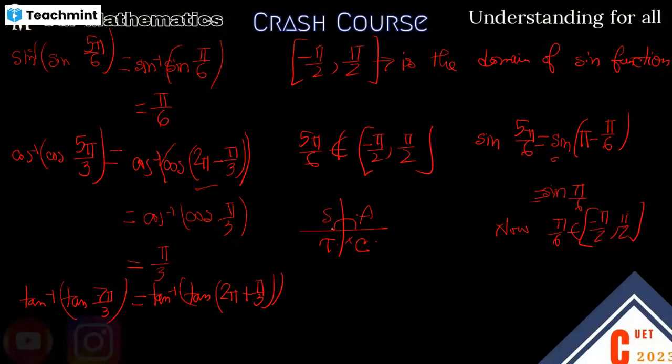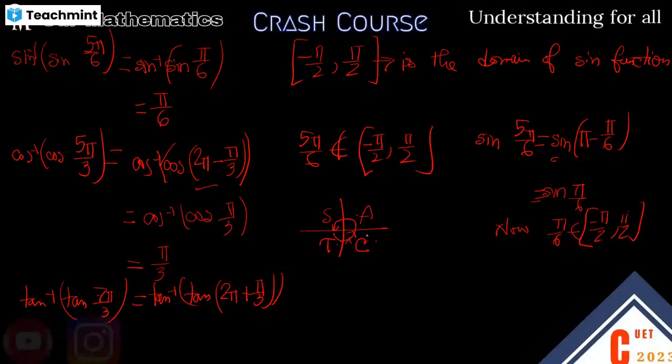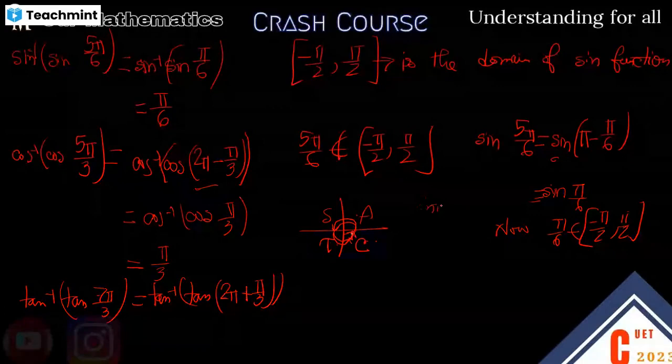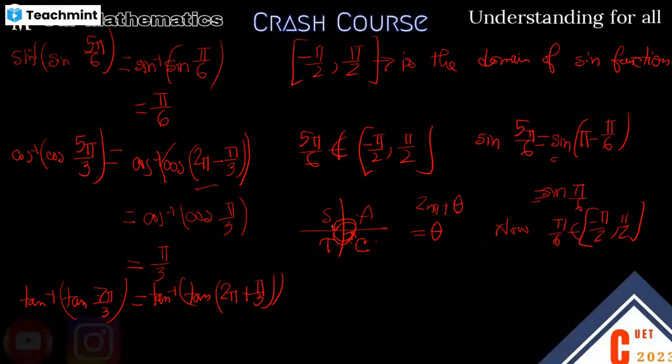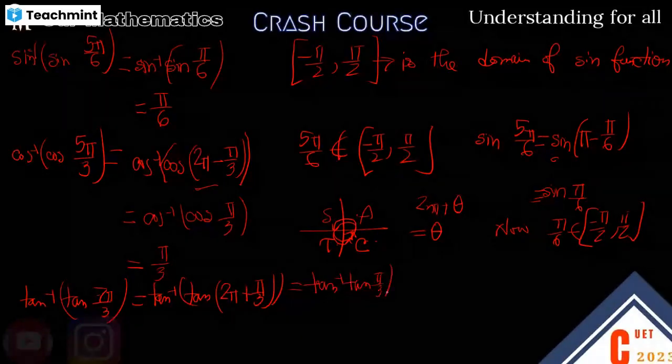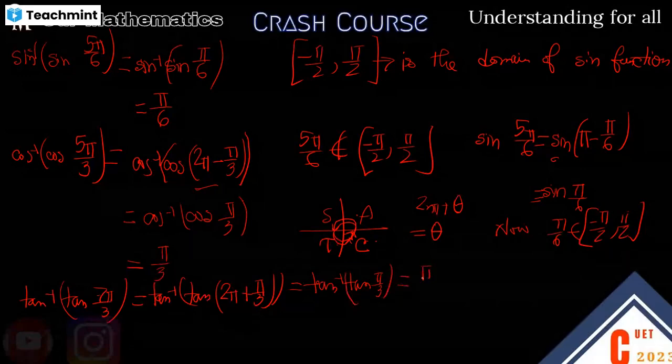In one complete rotation we have 2 pi angle. Then after 2 pi angle, the thing repeats again. That means 2n pi plus theta is always equal to theta, right? For sin, tan, cos, because it is always a complete circle. Then that means tan inverse tan of pi by 3 is equal to pi by 3.